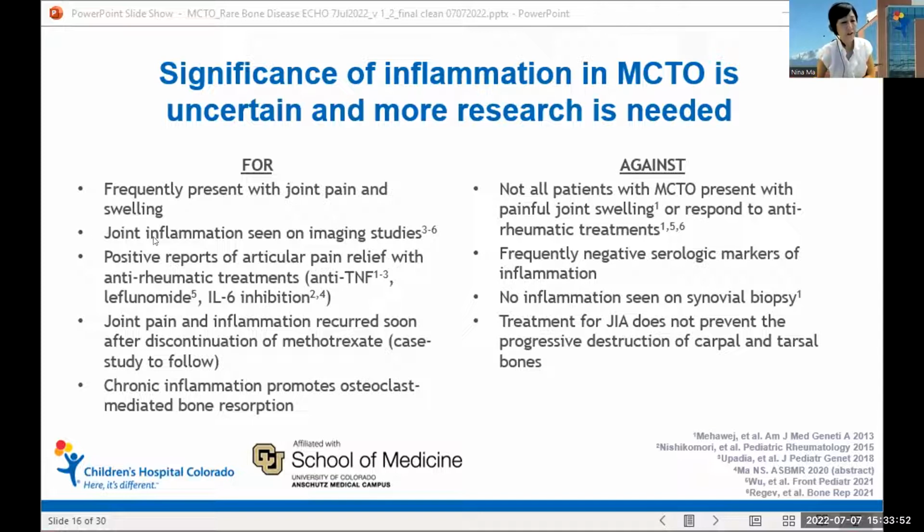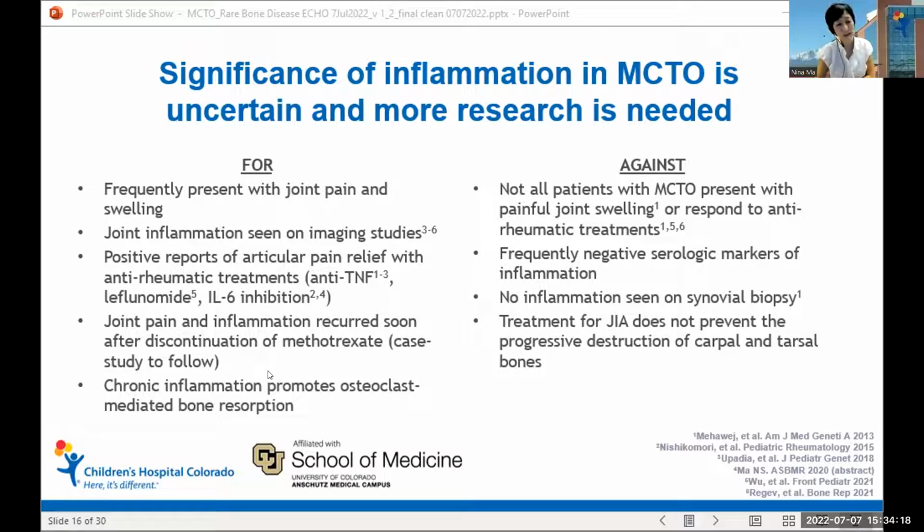Additionally, patients that undergo imaging studies beyond plain x-rays have documented joint inflammation. Patients who have had MRIs demonstrate synovitis, tenosynovitis, and also joint effusions. There are positive reports of joint pain relief and improved joint function after starting anti-rheumatic treatments.